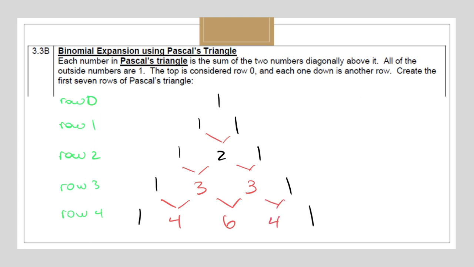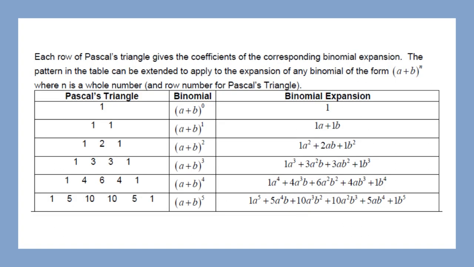Well, how will this help us? Let's move on to the next. Each row will give us coefficients corresponding to binomial expansion. Binomial means like this is the binomial here, okay? And we expand it out because the power increases. So this is why we have row 0: a binomial, a plus b to the 0 power, just equals 1.